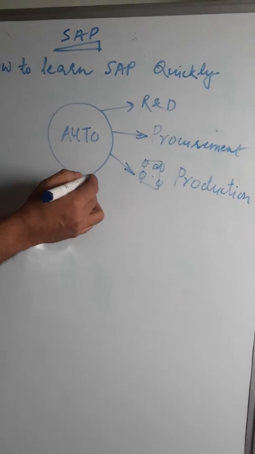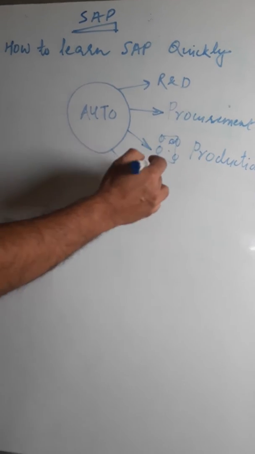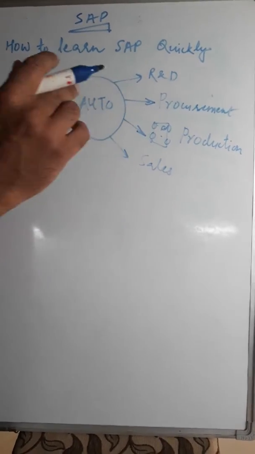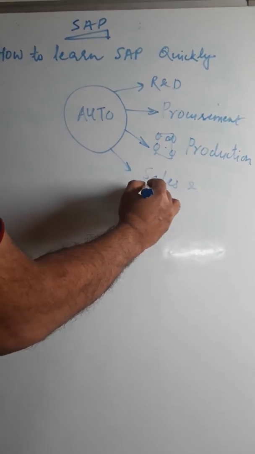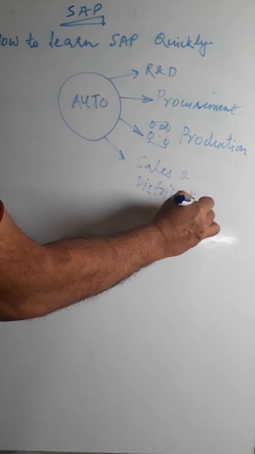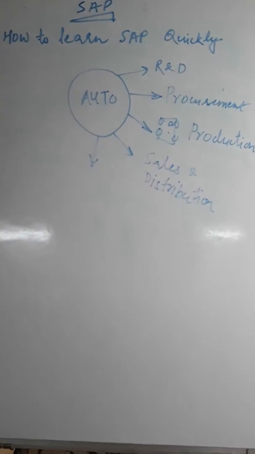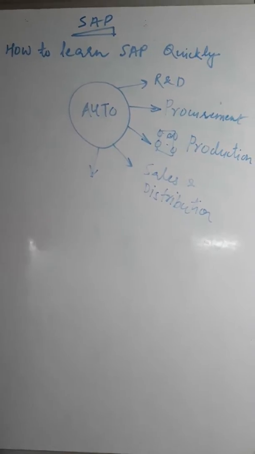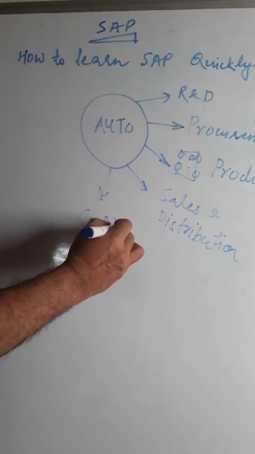Then they have a process called sales and distribution, where they sell their final product to either wholesalers or retailers. Overall costing and pricing of this product is done through a module called costing.